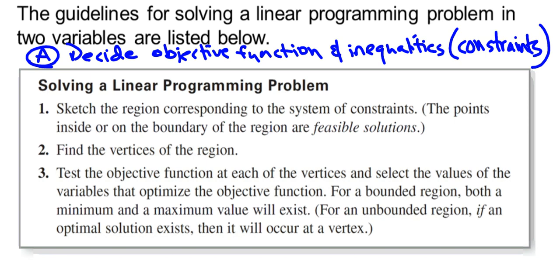Then you're going to find the vertices of the region, and then you're going to test the objective function at each of the vertices and select the value that optimizes the objective function. Sometimes you want that to be a maximum, sometimes you want it to be a minimum. For a bounded region, both a minimum and maximum value will exist. For an unbounded region, if an optimal solution exists, then it will occur at a vertex.